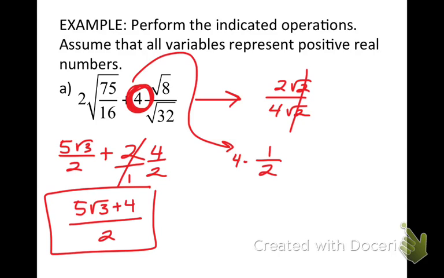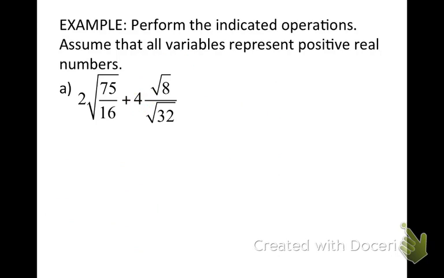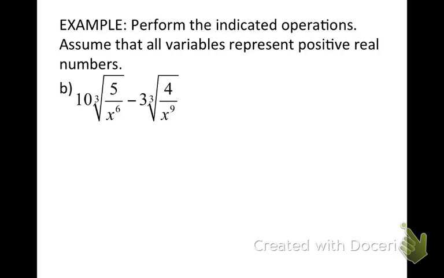All right, last fraction one, we're going to do a cubic one. So we've got 10 cube root of 5 over x to the 6th minus 3 cube roots of 4 over x to the 9th. All right, so I'm going to ignore the 10 for now.